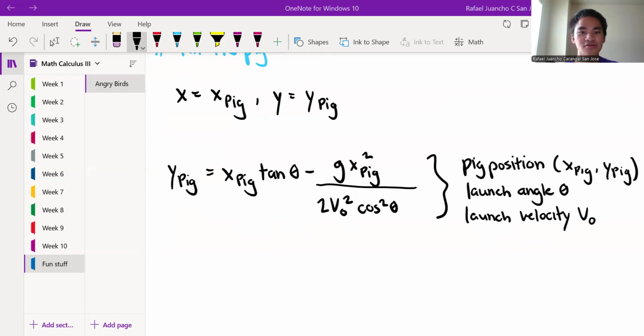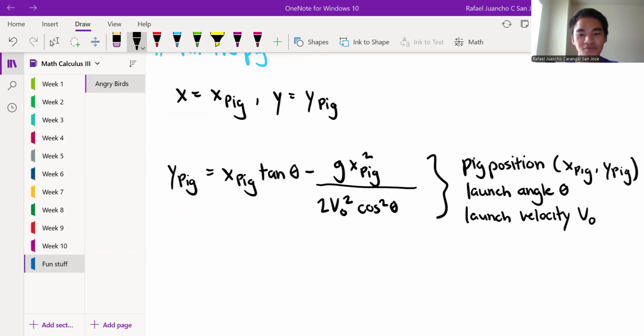We can either solve for theta. So if you want to know how fast you can shoot the bird, then you can solve for theta, given that we have a number for its velocity, right?